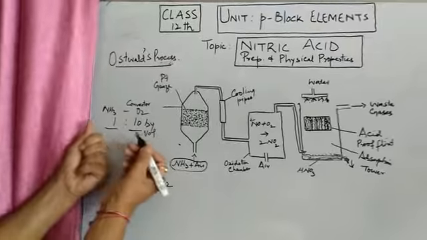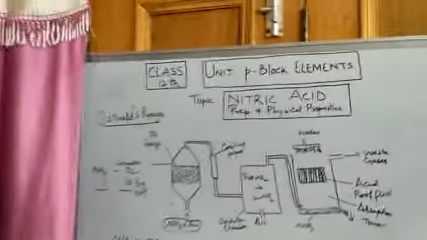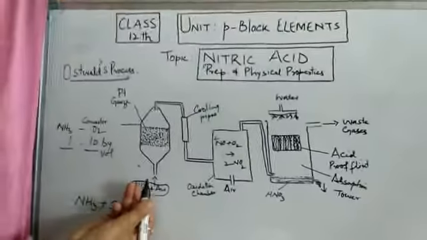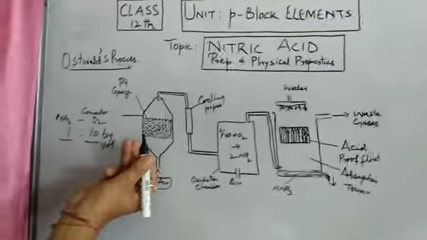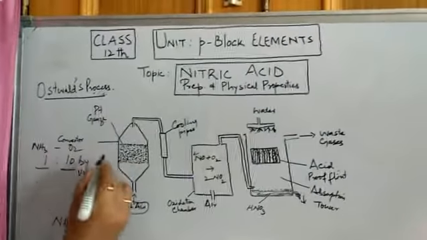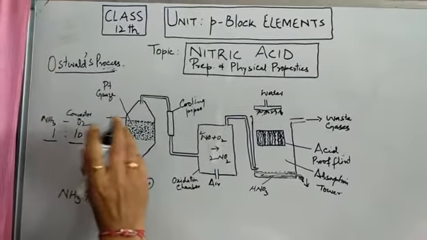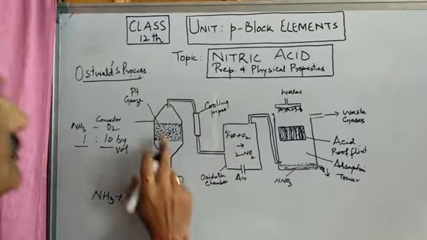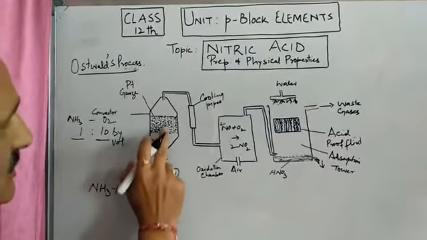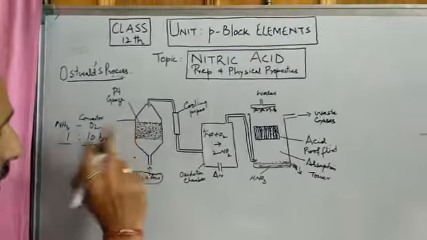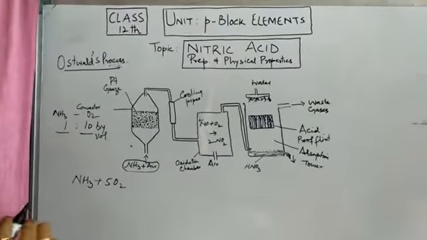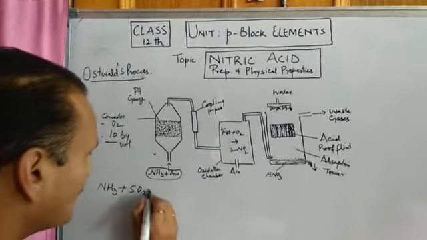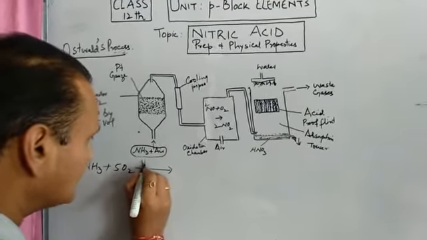Such a mixture by volume is introduced into this converter, and this converter has a special arrangement for heating. Electrical heating arrangement is there. So when this mixture is introduced into it and it passes through this catalyst, platinum gauze, it is electrically heated at a very, very high temperature of 1100 kelvins.